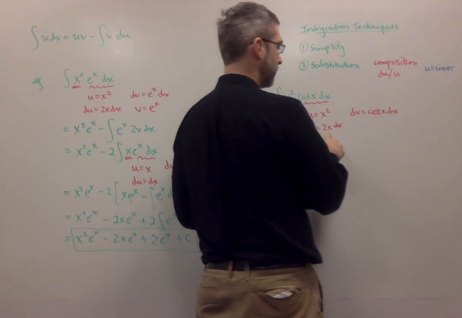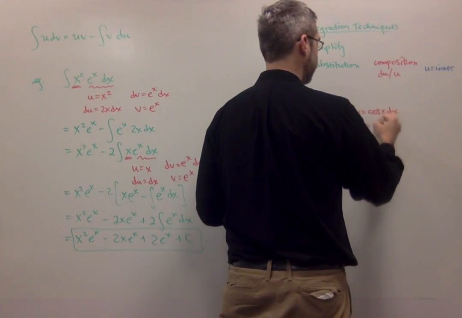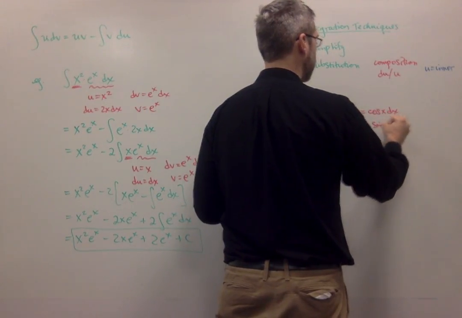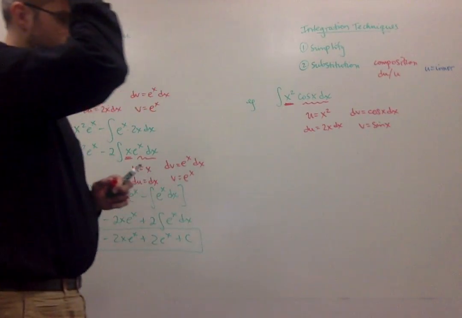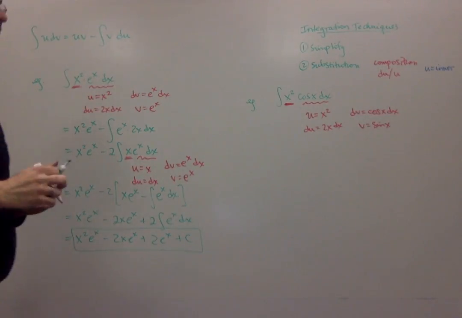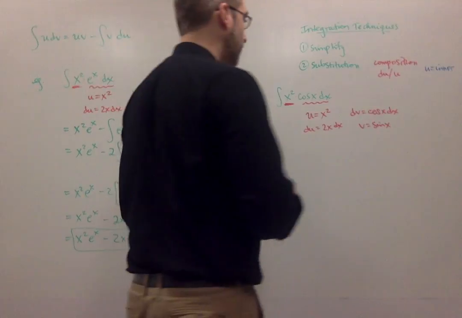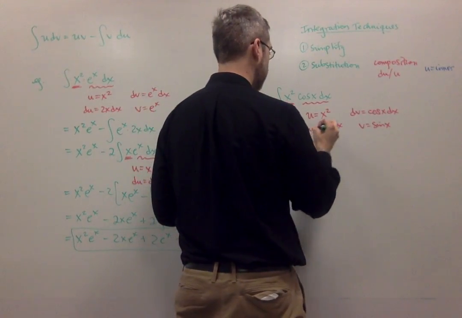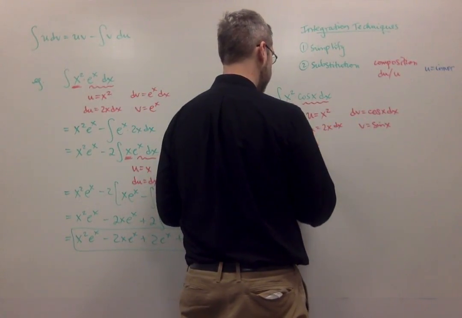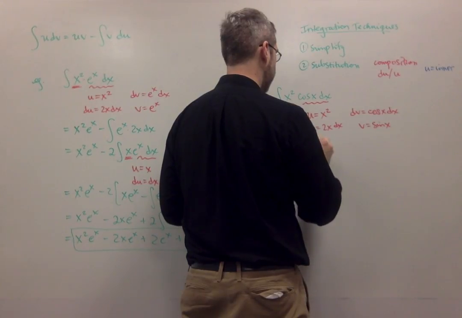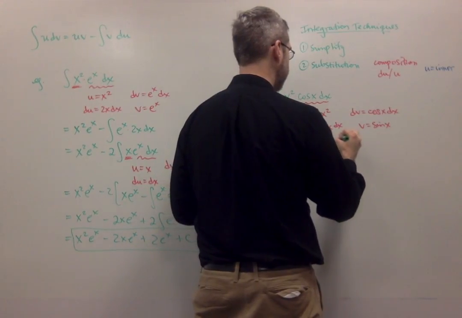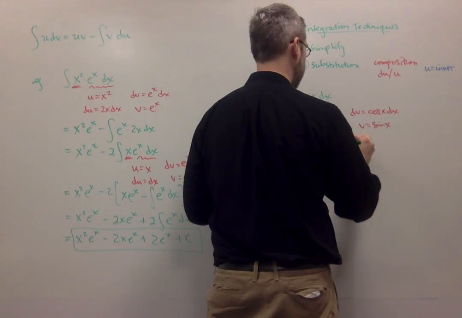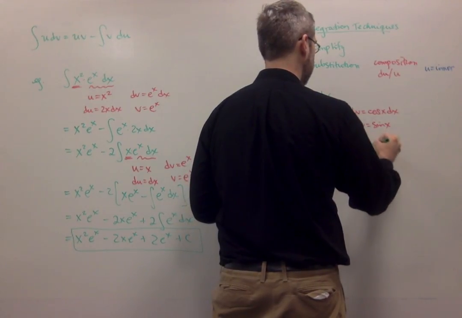The derivative of x squared is 2x. The integral of dv, the integral of cosine, is pretty easy to work with. It's just sine. So what we get here is u times v, x squared sine x, minus the integral of v du.